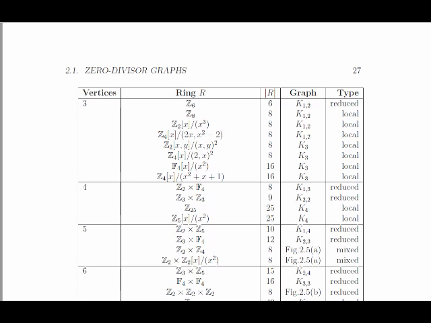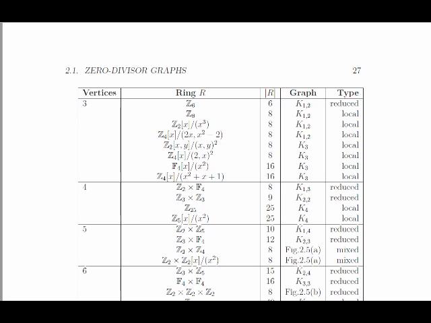All these rings are not isomorphic. Definitely Z6. Z6 will have three vertices. Why? Because the non-zero zero divisors will be 2, 3, 4, three vertices. Z8 will have three vertices.